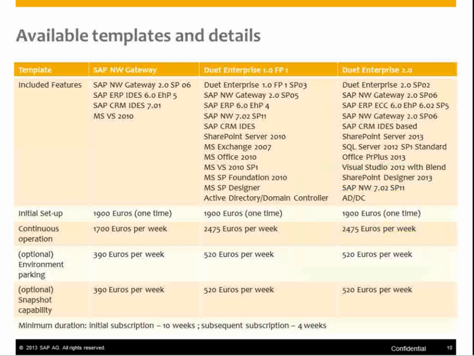Then available templates and the details. There is a gateway template, including the gateway itself. It also includes ERP and CRM and Visual Studio. The Duet Enterprise environments include, besides the gateway, the ERP, the CRM, also Microsoft SharePoint, together with Exchange infrastructure and SharePoint Designer and Active Directory and Domain Controller.